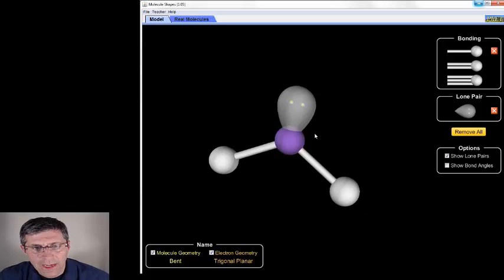Notice my electron cloud, in this case, is shown as being closer to the central atom than my 2 other atoms. So these electron clouds being physically closer to the central atom will act to repel a little bit more than an individual atom would. So my bond angle is going to be a little bit different. So instead of being 120 degrees, it's going to be a little bit less than 120 degrees.